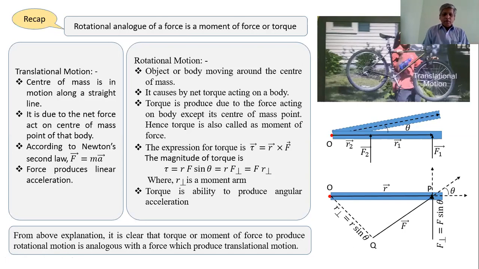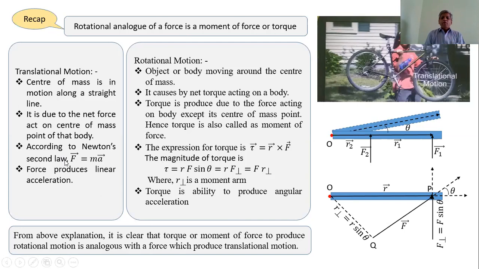This is the expression. That means from these two points, in translational motion and in rotational motion, the force produces translational motion and torque produces rotational motion. Thus, it is clear that torque or moment of force to produce a rotational motion is analogous with a force which produces translational motion.